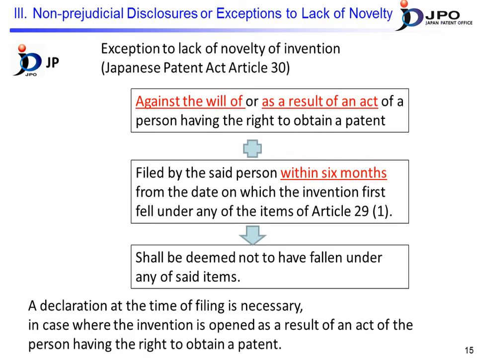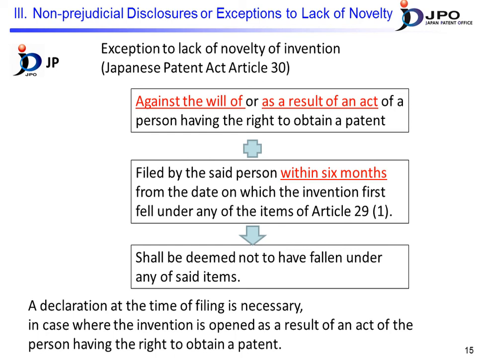For your information, let me introduce exceptions to lack of novelty of invention in Japan. Under the Japanese Patent Act, exceptions to lack of novelty of invention are defined in Article 30. There are two requirements. The first requirement is that it is against the will of a person having the right to obtain a patent, or it is a result of an act of a person having the right to obtain a patent.